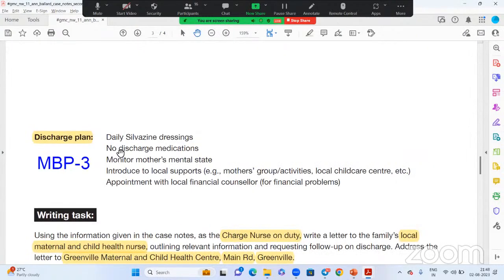Then after that, no discharge medications. Try to understand this one here. Medications means treatment. No other treatment modalities are required. No other treatment is required.